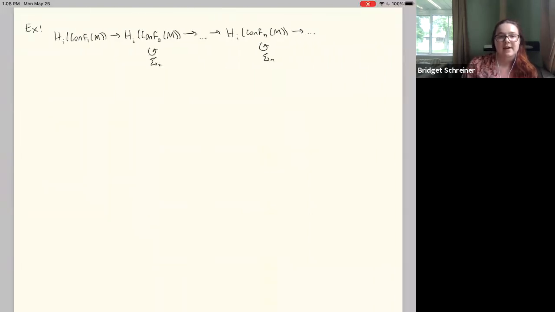So for example, we have our sequence from the beginning. For a fixed homological index i, we have Hi of Conf 1 to Hi of Conf 2, etc. And each time we have an action of the symmetric group just induced by permuting the points in the configurations.